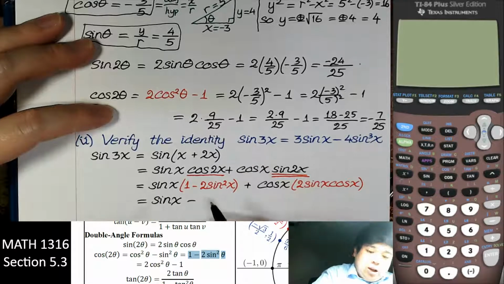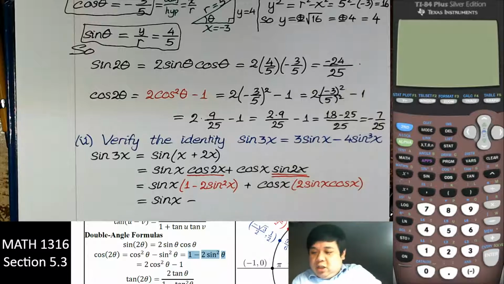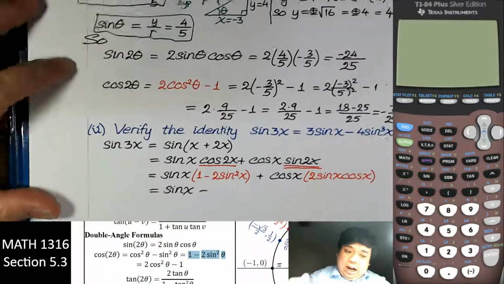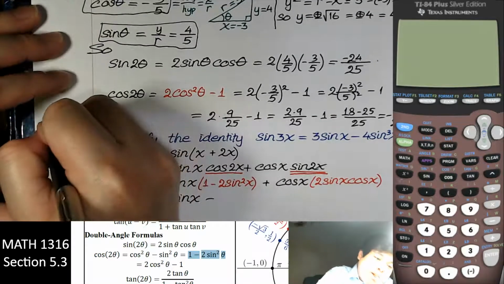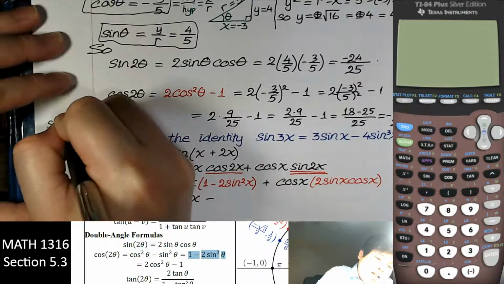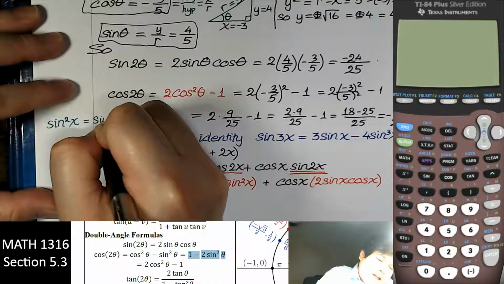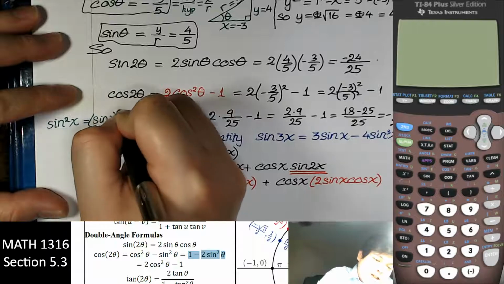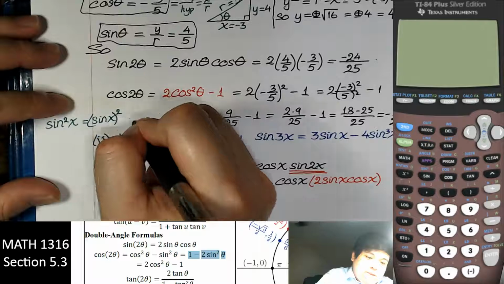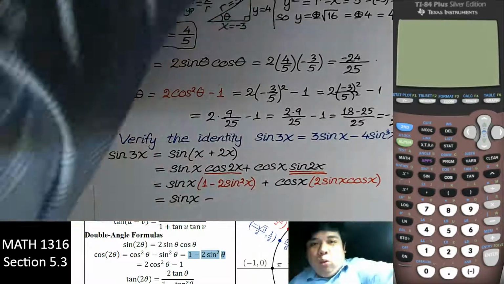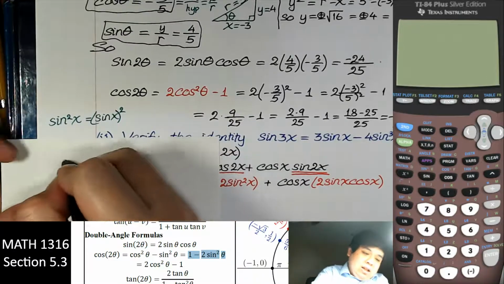sine and sine square. Alright, by the way, if this is confusing, I just want to mention this many times. Whenever we write sine square like this, we actually mean sine of x, square, and not sine of x square.